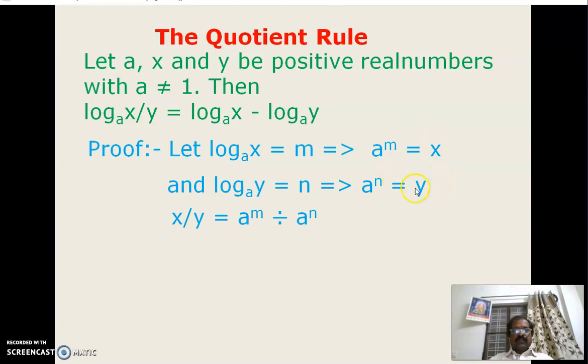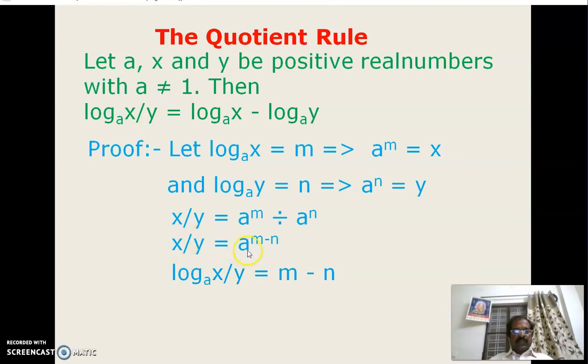So this is x by y divided. x by y is equal to a to the power of m divided by a to the power of n. So laws of indices again apply here. x by y is equal to a to the power of m minus n. So this is exponential notation, and convert into logarithmic form.